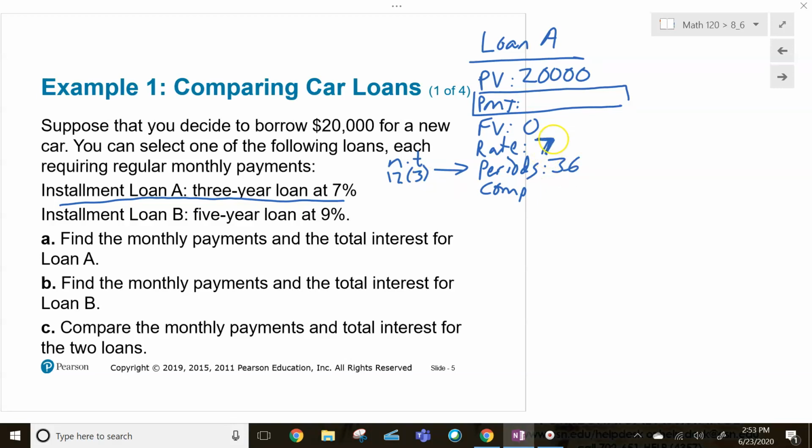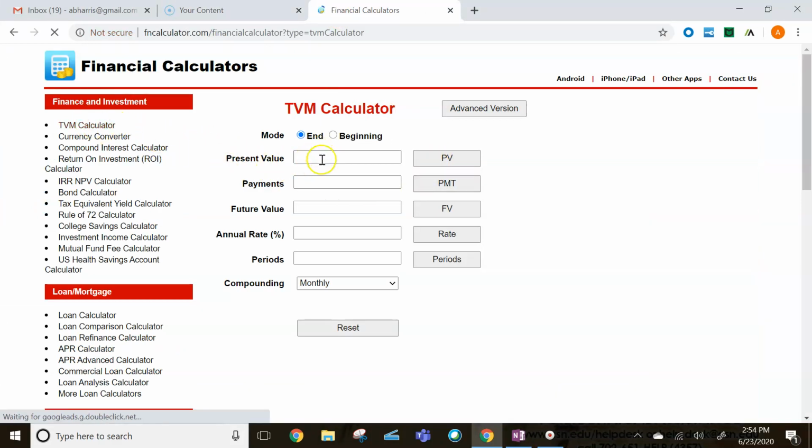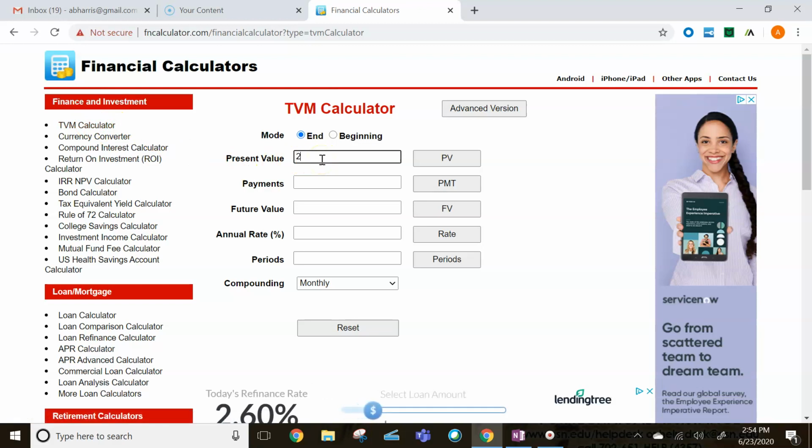7% right up there. So 36 periods. This is monthly compound. And then the mode is end. Keep it on end. Okay. And we'll go ahead and we'll take a look and see what our payment is. Let's go to fncalculator.com, click on time value of money, the $20,000 loan.